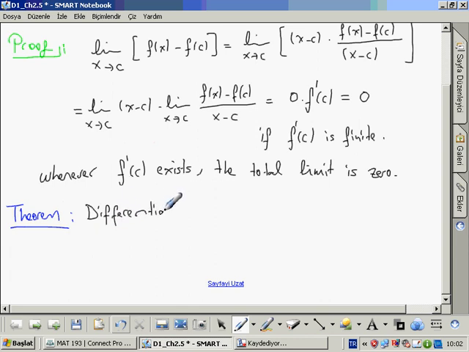Differentiable functions are continuous.